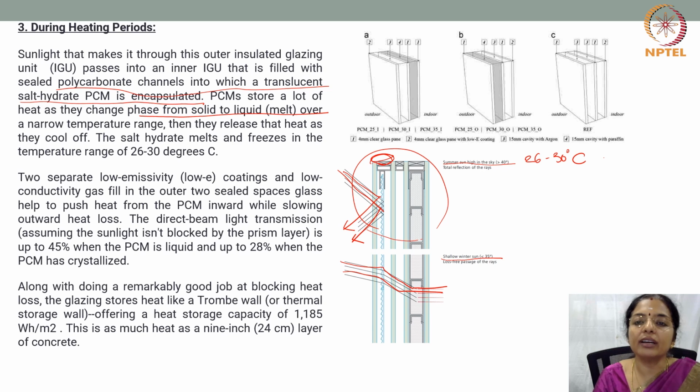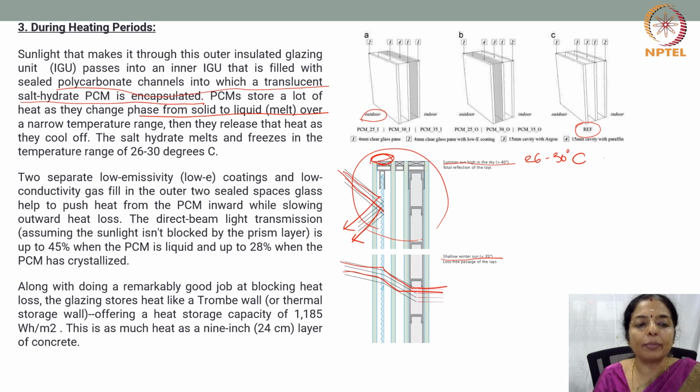So here we have an example of three windows. This first one has the PCM incorporated in one of the cavities, which is towards the indoor, and here you have it in one of the cavities which is exposed to the outside, and this is a reference window.